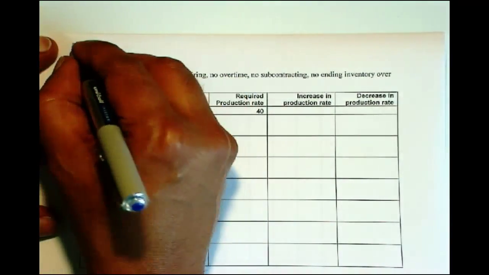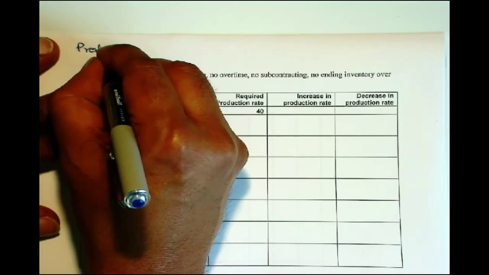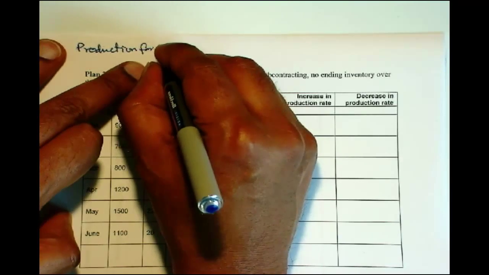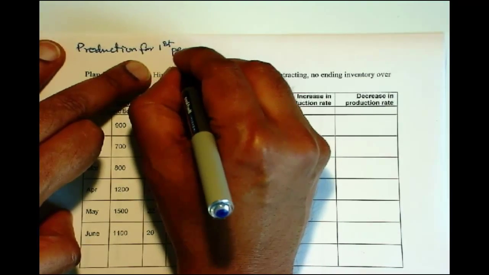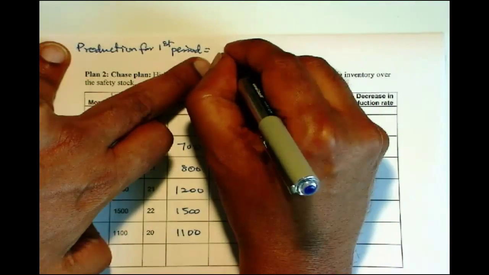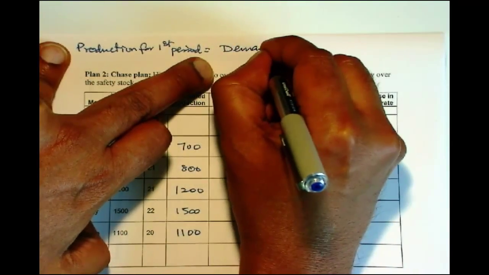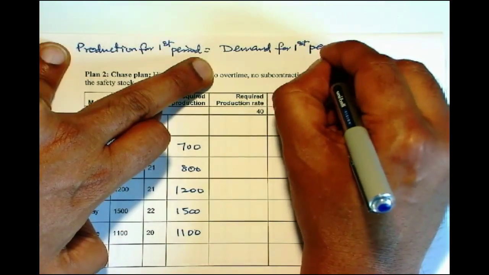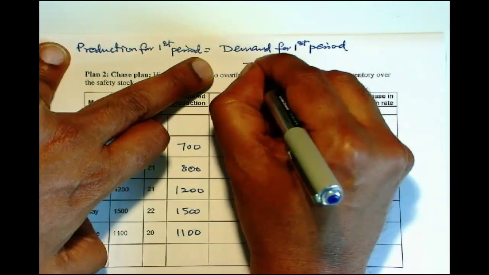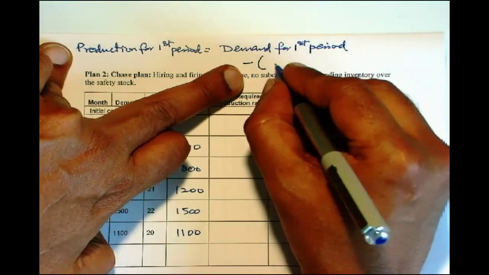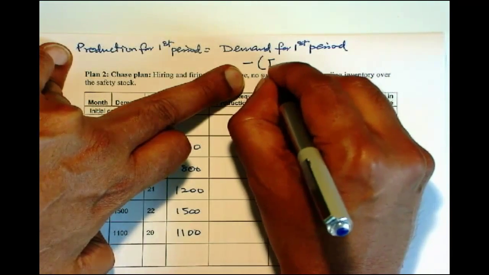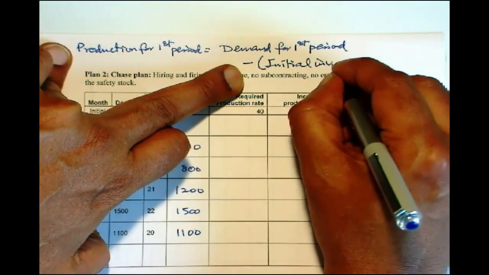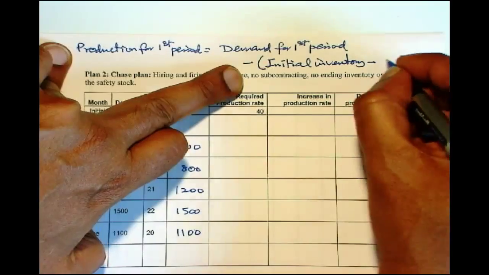So production for first period is demand for first period, minus you have to adjust for the initial conditions. Initial inventory minus safety stock.